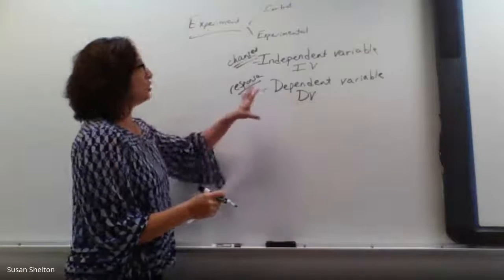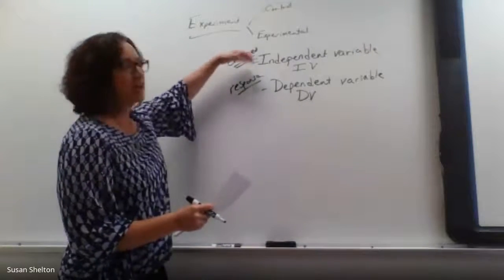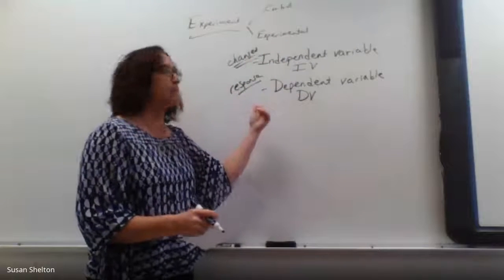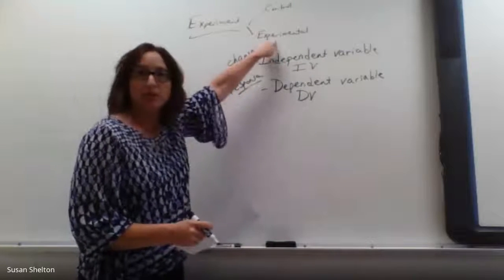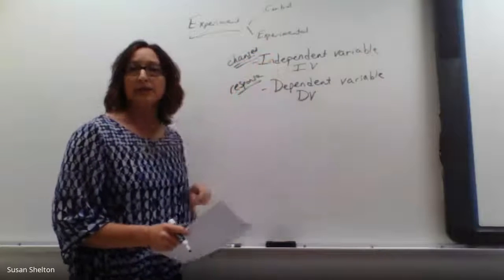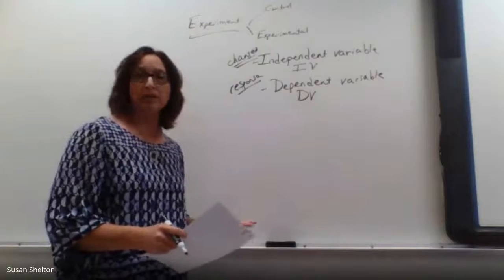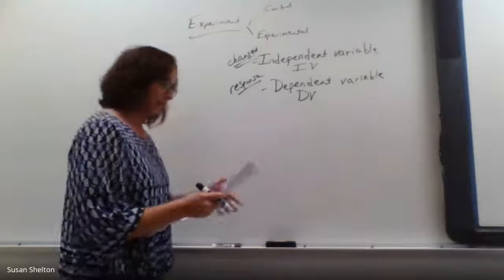So when you look at what is the difference between a control group and an experimental group? The experimental group has an independent and dependent variable. The control group does not, because we did not change anything.